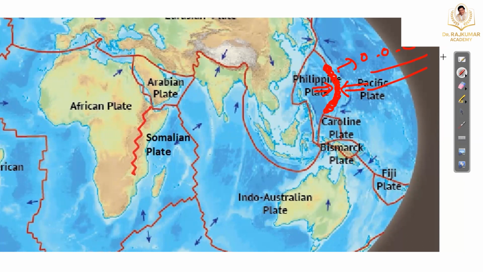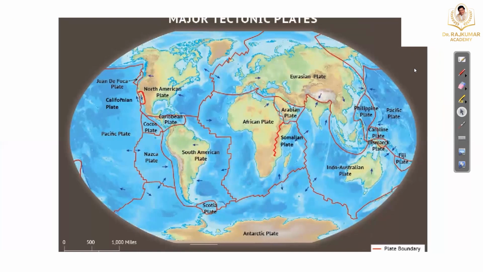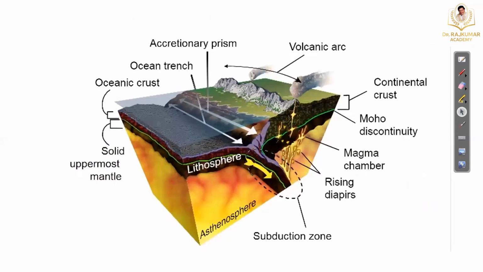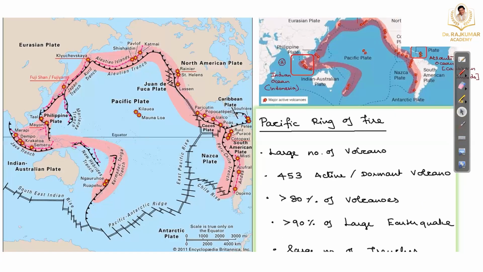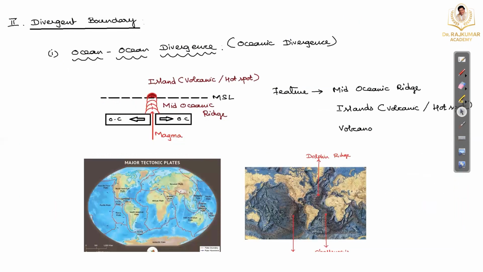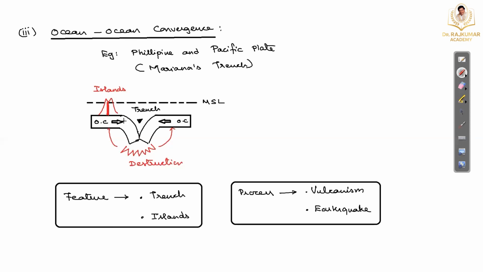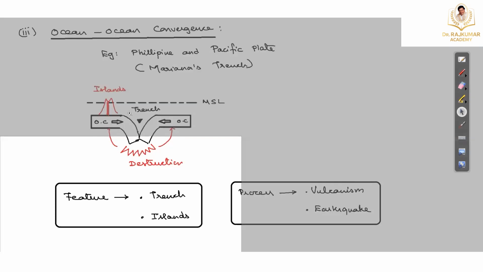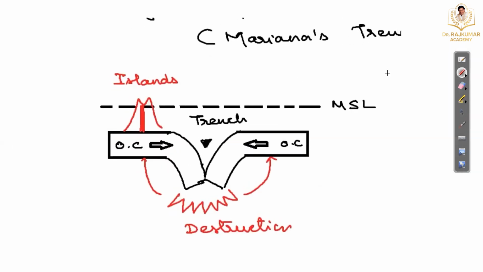Now here, both crusts are oceanic crust. Both are heavy in density. If that is the case, what may happen if they go for a convergence? Subduction. Both being heavy, together they can go for subduction, moving with the effect of gravity.